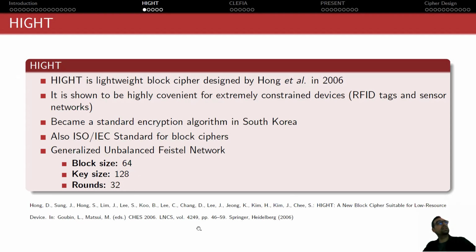Okay, so this was around the time when academicians designed lightweight ciphers. It is interesting because at that time, when you wrote a cryptanalysis paper on lightweight block ciphers, I remember that my paper got rejected.